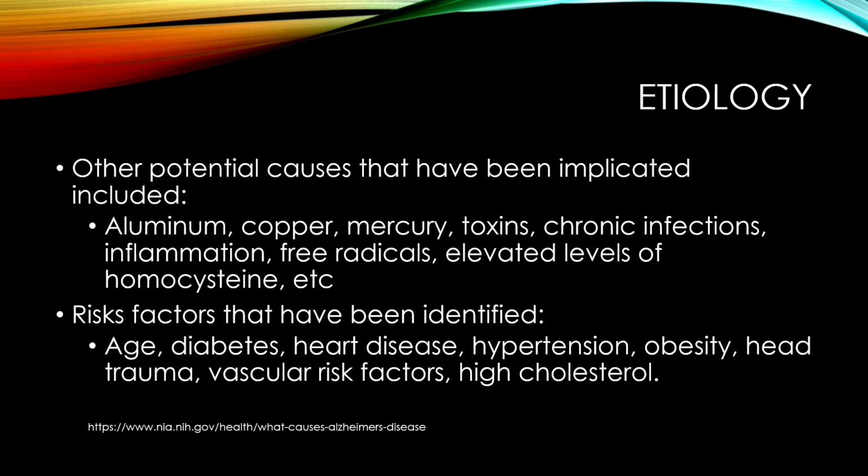Elevated levels of your homocysteine, and that's one of the, for those that got the blood work, that's one of the blood tests that are done that will be described and gone over for tomorrow. And then you have other things that have been implicated as potential causes of Alzheimer's disease.